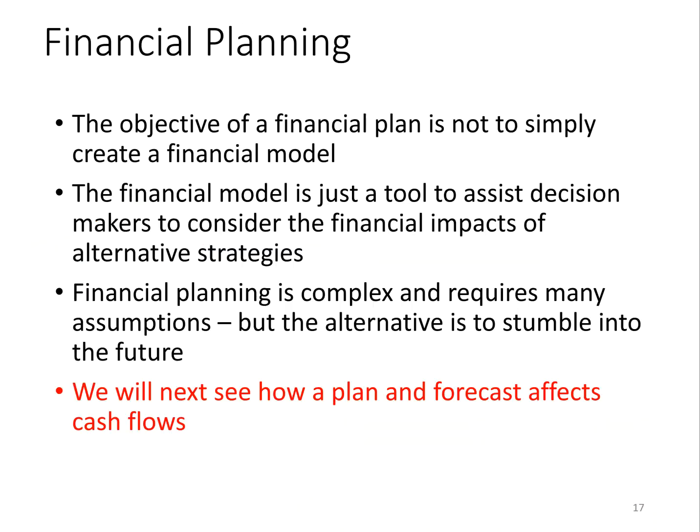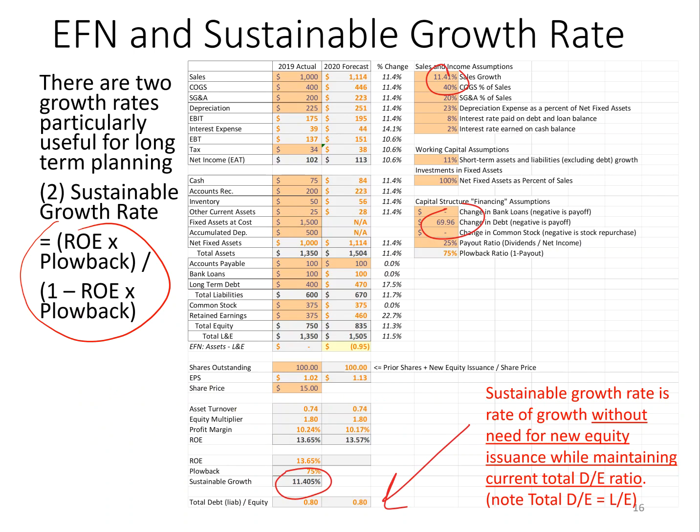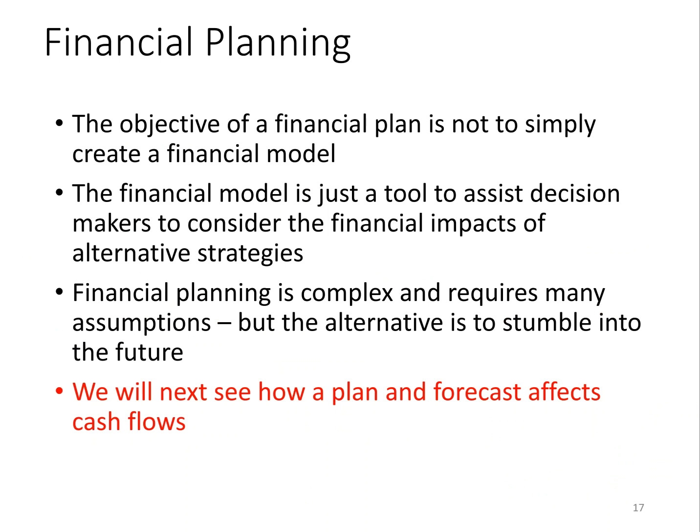It's a model that helps us think about the future of our company related to asset growth and sales growth. The alternative to financial planning is just stumbling into the future. This model requires a lot of assumptions, but I'd rather make those assumptions and talk about them with the executive team than just stumble into the future.